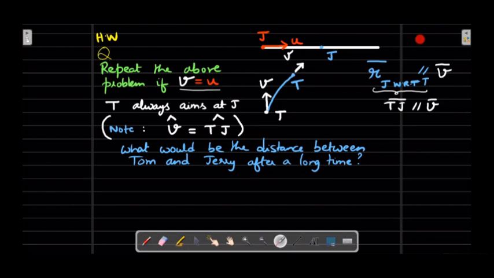And since both of them are traveling with the same velocities, they'll maintain a gap, and that maintained gap will be the same throughout. So he wants that gap. What would be that gap after a long time? He wants that in terms of obviously the original value, the original gap between them, which is given to you. Okay, so this gap, like in the last question, is d. So in terms of d, you need to estimate. Right. So that's the Tom and Jerry situation.